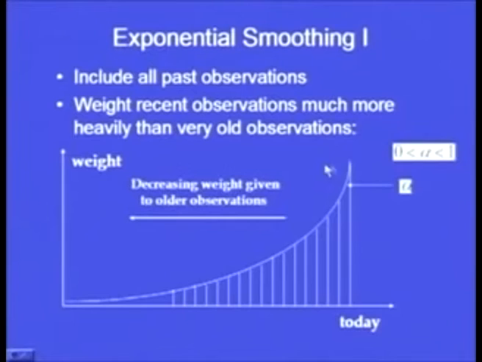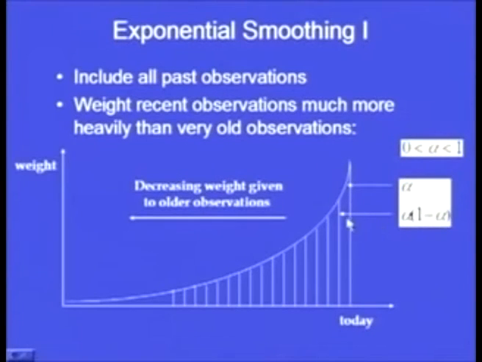So we can see the alpha, we can call it the smoothing coefficient. So alpha varies between 0 and 1. So we are giving a value of alpha. Now this weight will keep on decreasing. So in the next slide we will see the weight assigned to the next observation is alpha into 1 minus alpha.